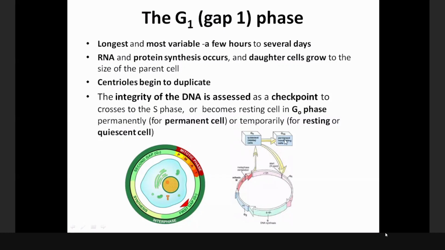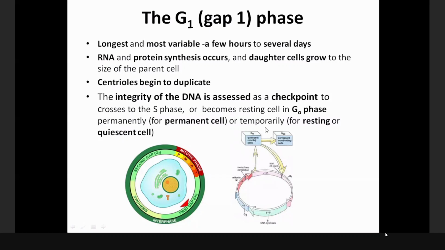So in here, the cells remain without crossing into the next phase. The cells are out of the cycle. We name this G0 phase. It is in this phase that stable cells and permanent cells are located.